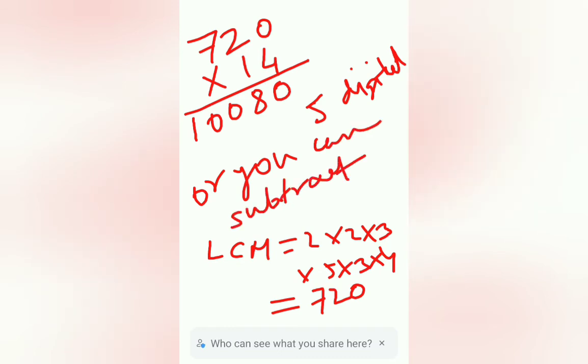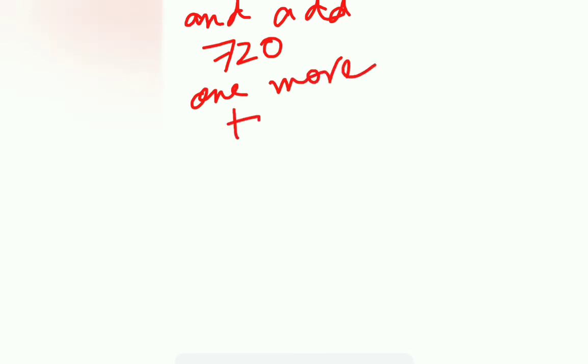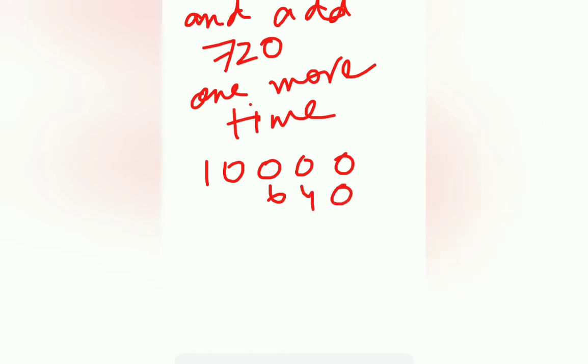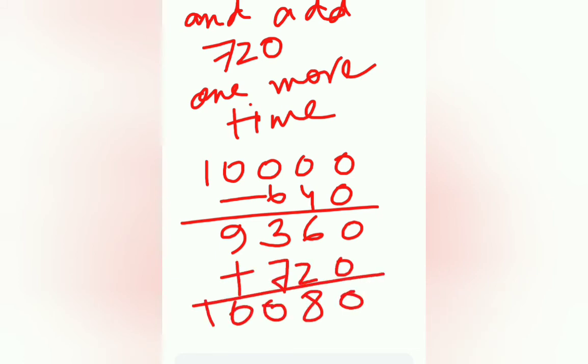Or you can subtract the remainder of the previous page from 10000 and then add 720 one more time. The sum is 10080, which is exactly the same as before.